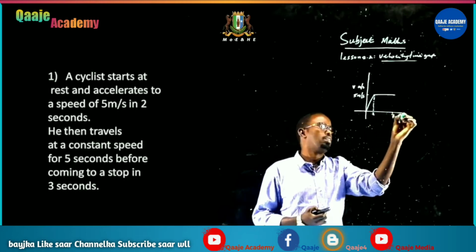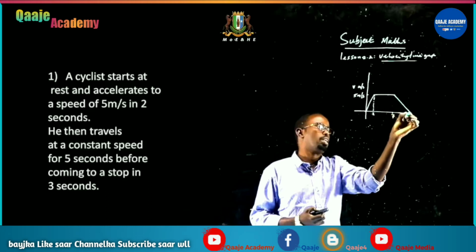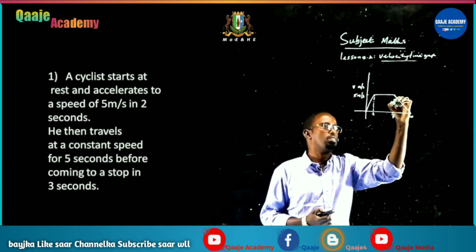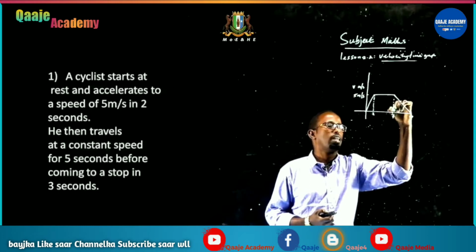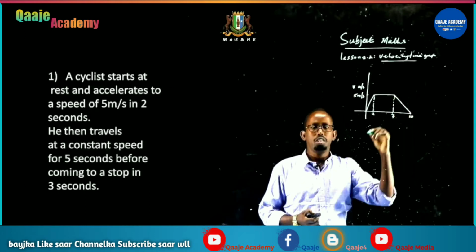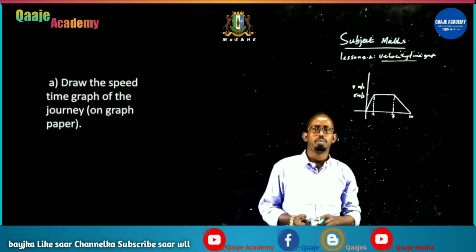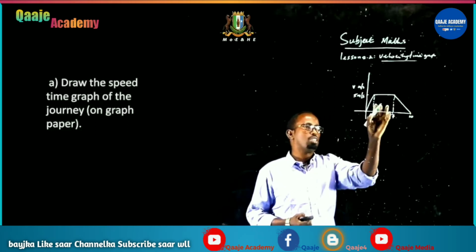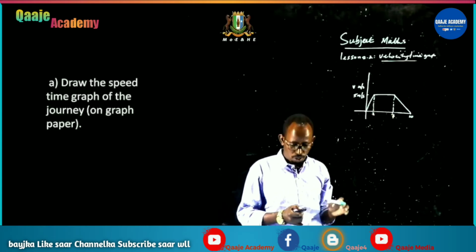So you add 3 seconds, that will be 10. So this particular point is 10. So that is the graph for that. The question number 1 reads, draw the speed time graph for the journey. So this is the speed time graph for that journey.